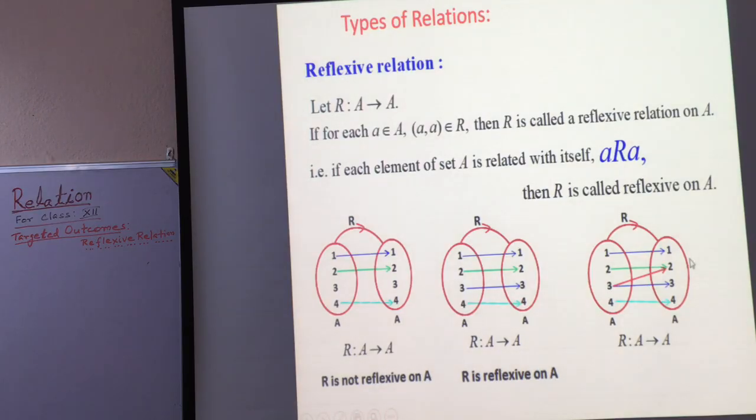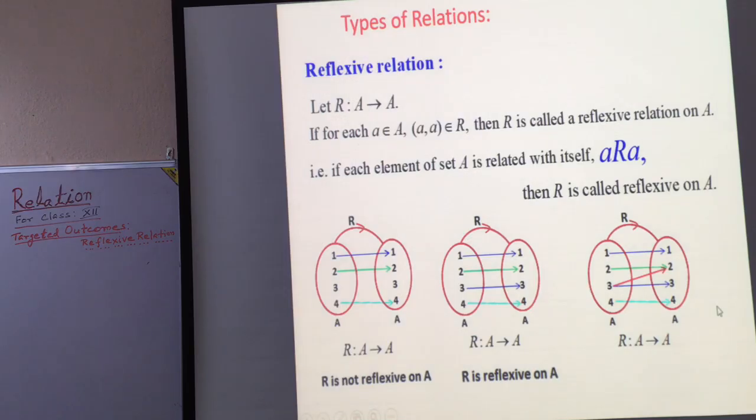Our definition of reflexivity says, see the word, if, for each a belonging to A, a is related with a. You observe 1 is related with 1, 2 is related with 2, 3 is related with 3, 4 is related with 4.